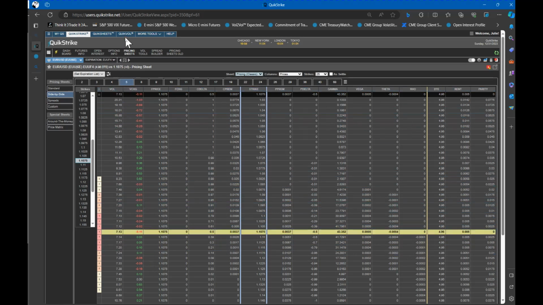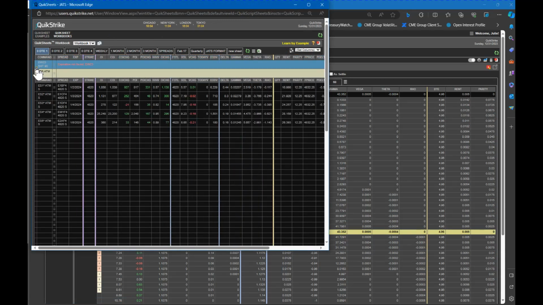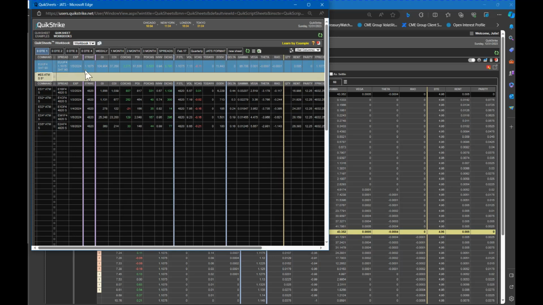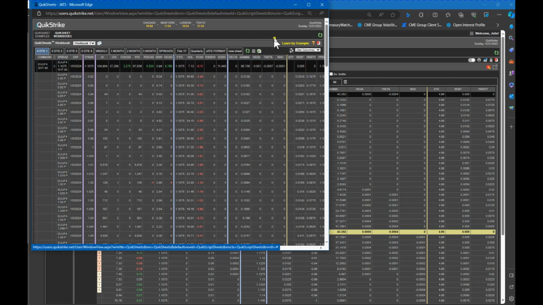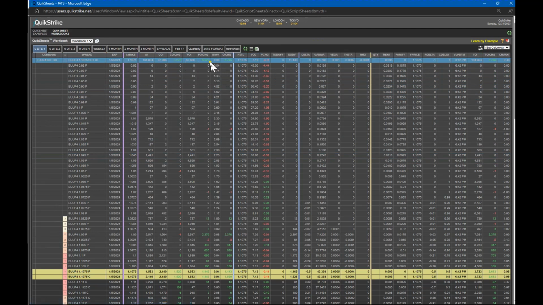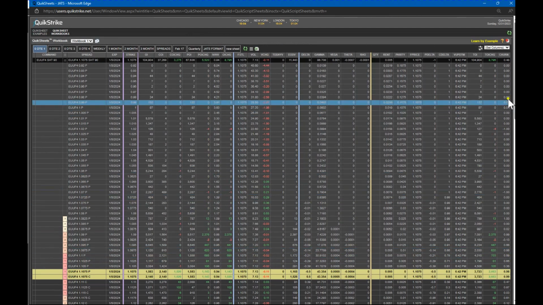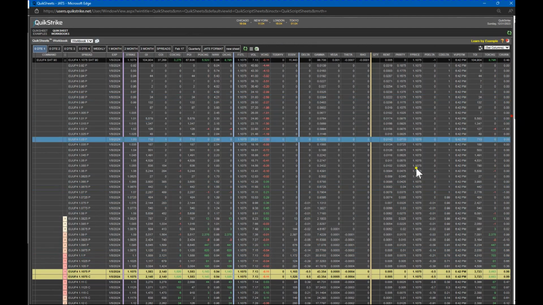Another thing about Nick that he has that it's available is a quick sheet, and you can come in and pull up a contract and design your own columns that you would like to see, how you would like to see your puts and your calls and your change and your deltas and your delta changes laid out, so that Quick Strike is one of the most advanced analytic platforms available anywhere.